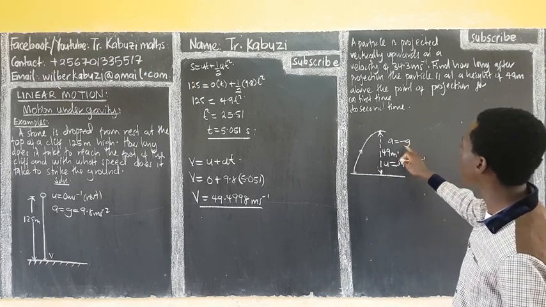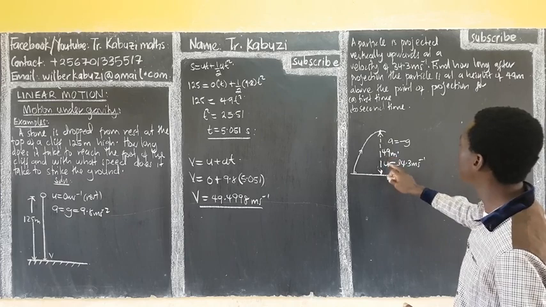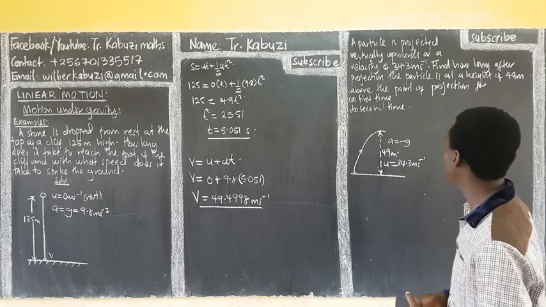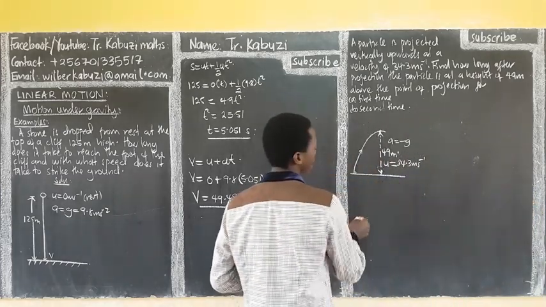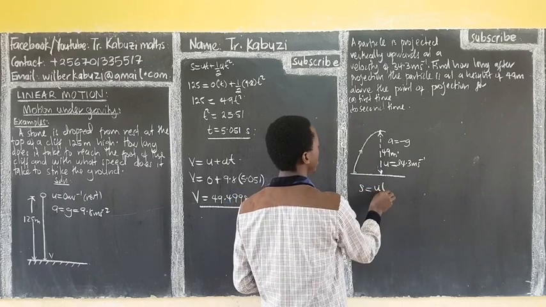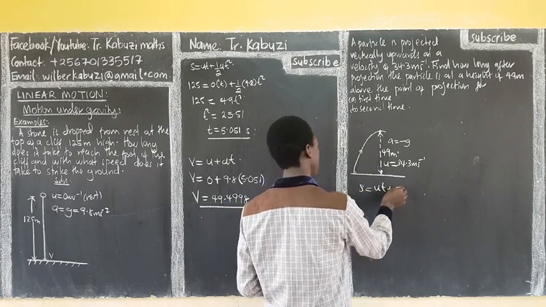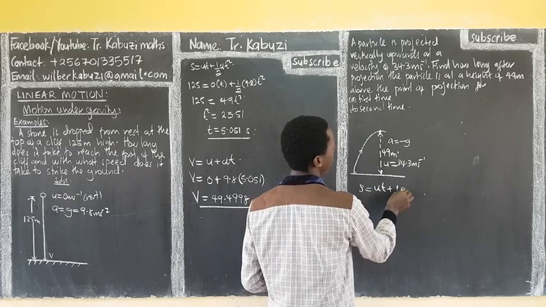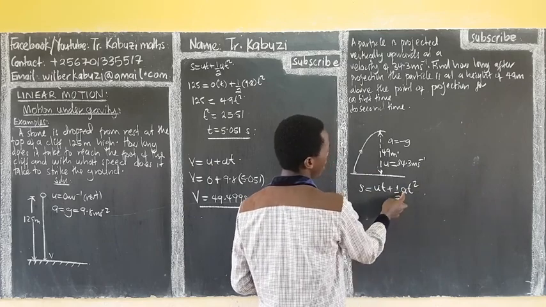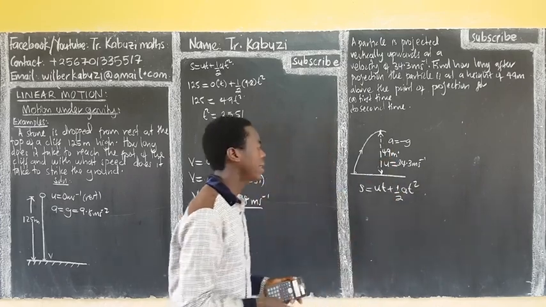We have the acceleration, we have the distance, and we have the initial velocity. Which formula suits that? The formula we are going to use is S equals ut plus half at squared. Now the acceleration is going to be the negative one.